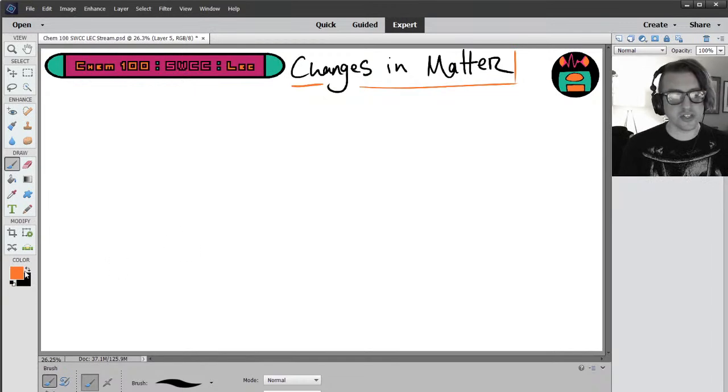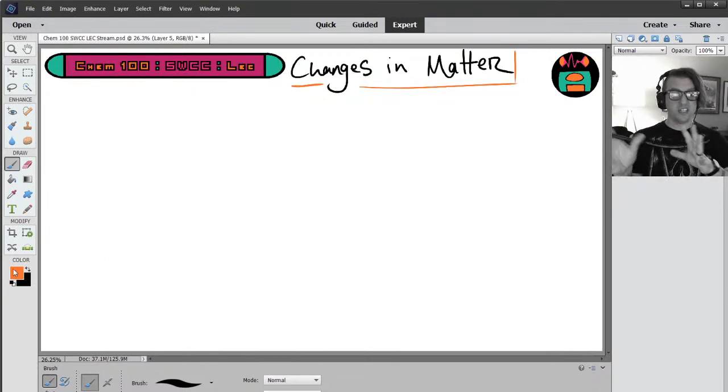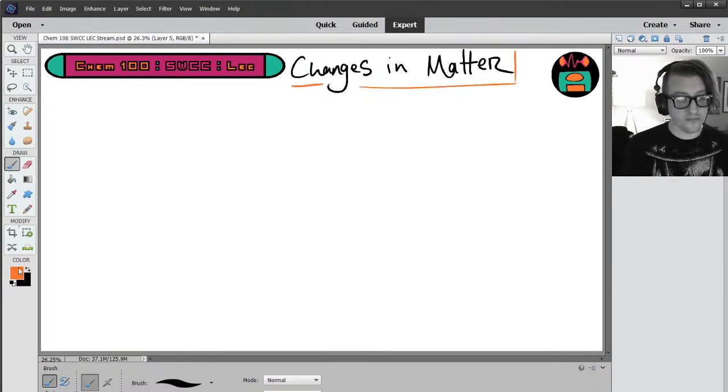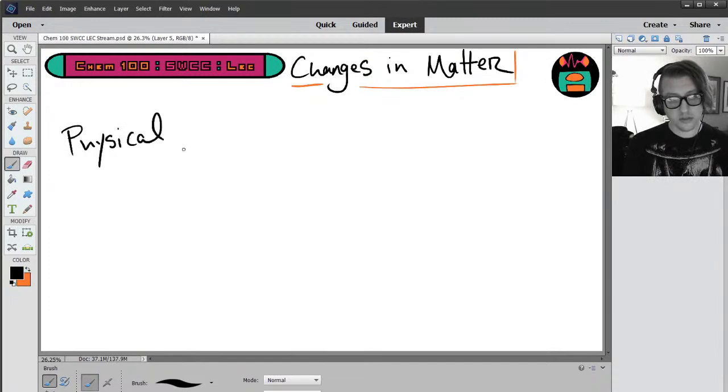All right, let's talk about changes in matter. There are two fundamentally different ways that matter can change. And the first is known as physical change. The second is known as chemical change.